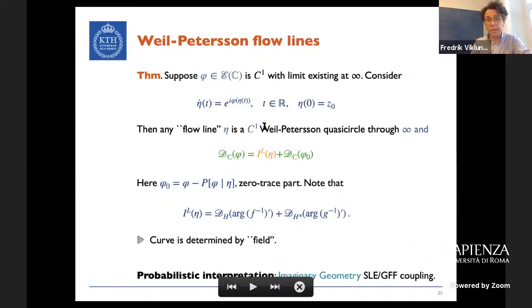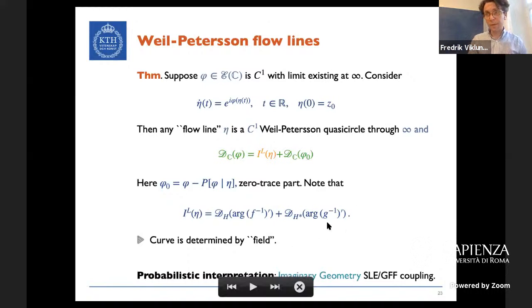And it is actually a Weil-Petersson quasicircle, and the Dirichlet energy of phi is equal to the Loewner energy of this flow line, plus the energy of the zero trace part of phi. So just what we get by looking at phi and then removing the Poisson extension of the restriction of phi to the curve. That's what this means.